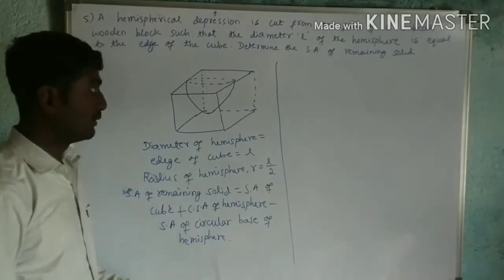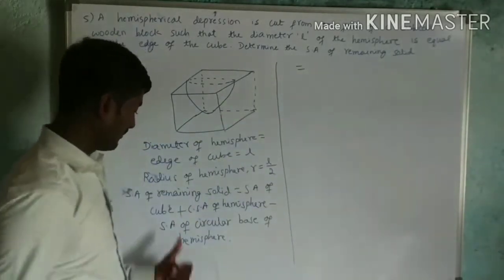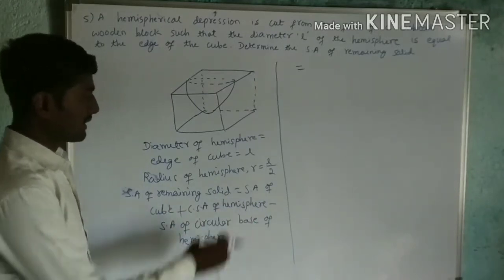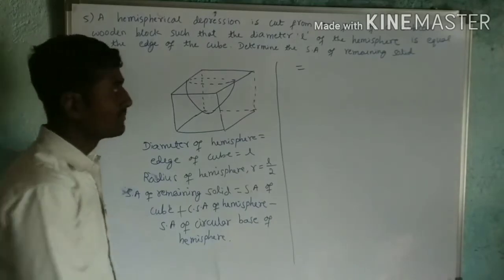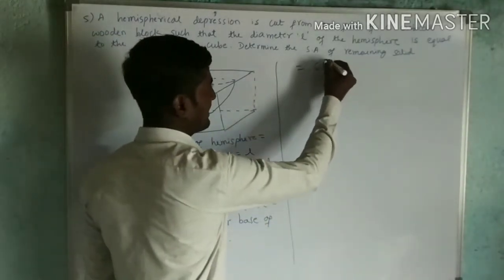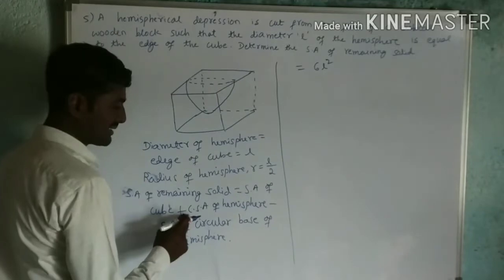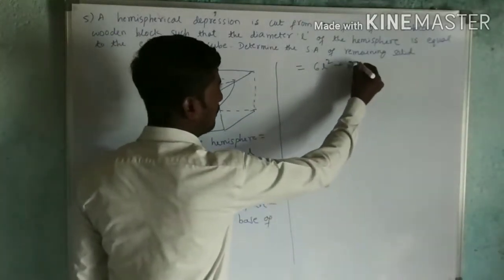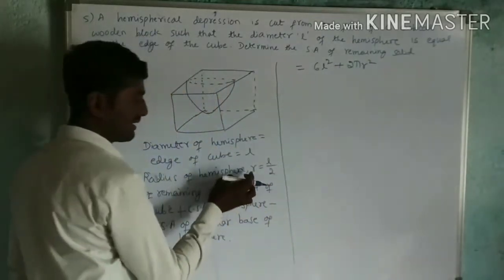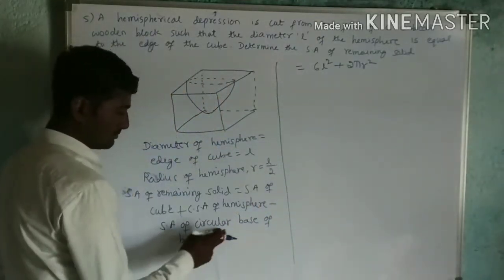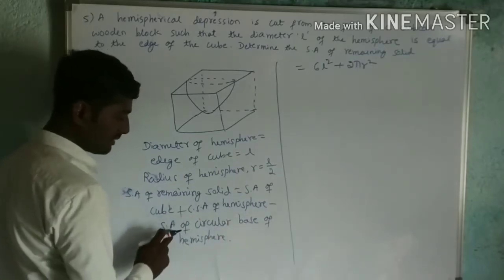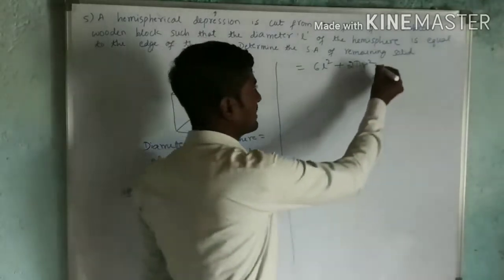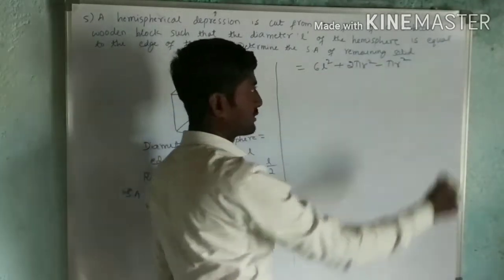Understood? Now let us write the formula for this. The surface area of the cube, with the edge of the cube taken as L, is 6L square, plus the CSA of the hemisphere, that is 2 pi r square, where I have taken r as the radius. Now minus the surface area of the circular base of the hemisphere, which is the area of a circle, minus pi r square.